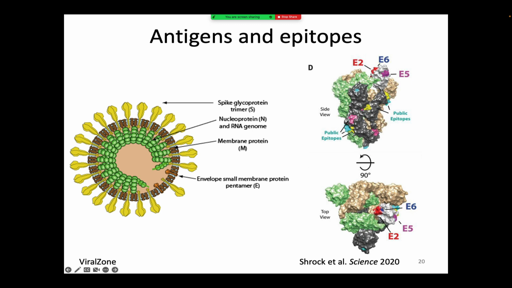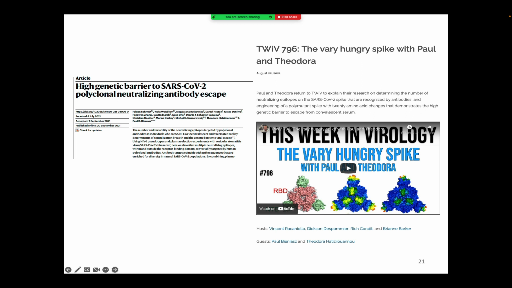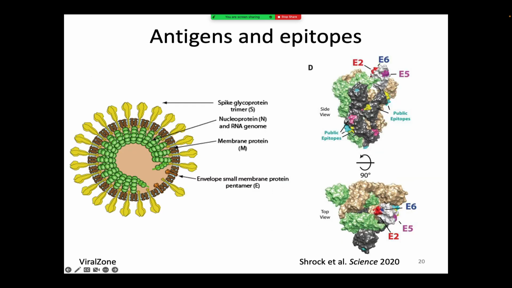More recently, people have shown that just in the spike protein of SARS-CoV-2, there are at least 20 antibody epitopes. So you don't have one antibody that binds to SARS-CoV-2 Spike. You have 20. And so when people say, oh, this variant escapes, well, it might escape one of the 20.